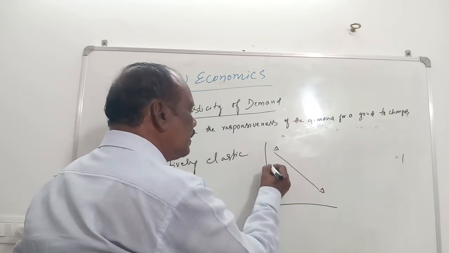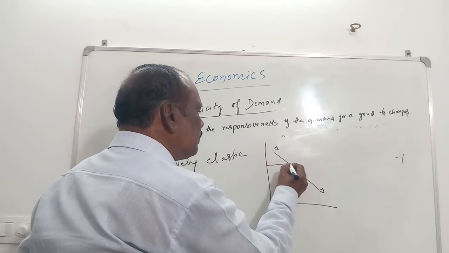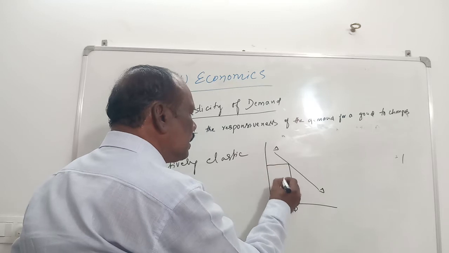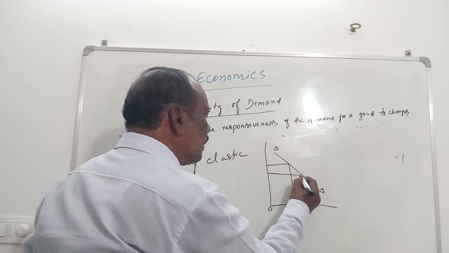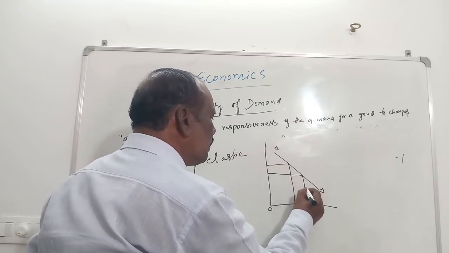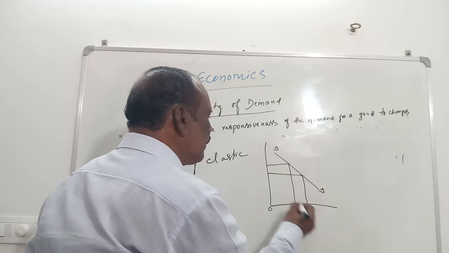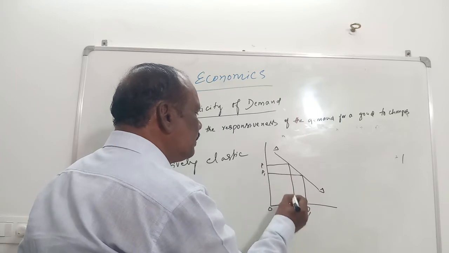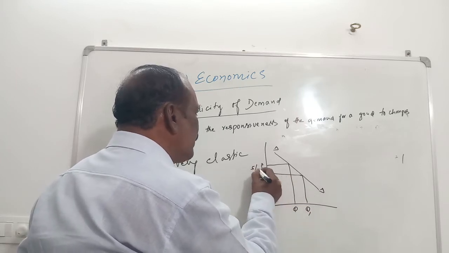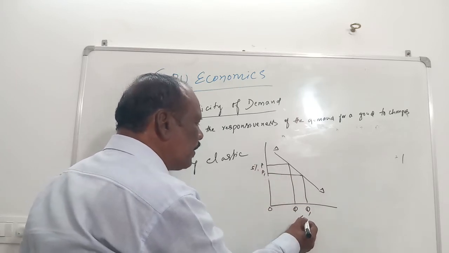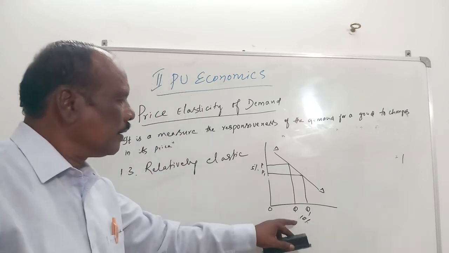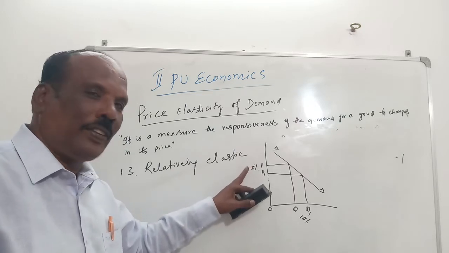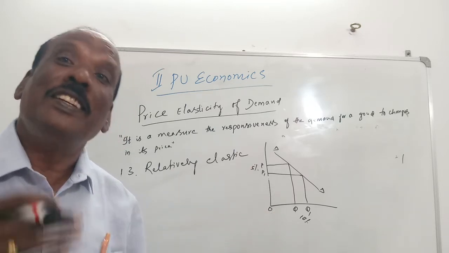This is OQ, this is OQ dash, this is P1. That does mean 5% change in price leads to 10% change in quantity demanded. 5% change in price leads to 10% change in demand.